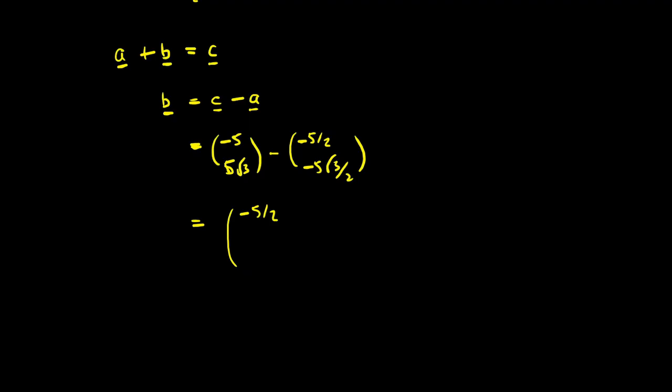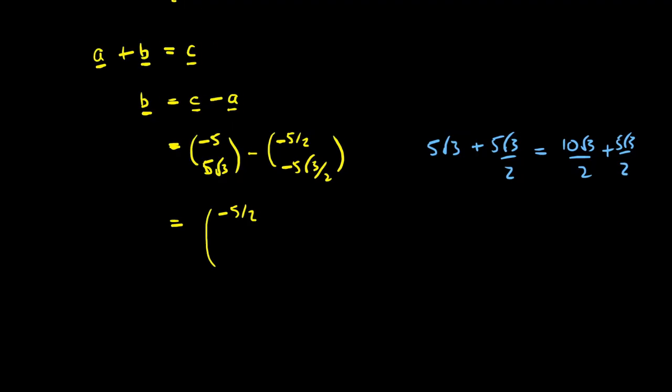Well, if we're not so sure about how to do that, we've got 5 root 3 plus 5 root 3 upon 2. We can convert this fraction to be 10 root 3 upon 2 plus 5 root 3 upon 2, right? So we give it the same denominator, and that therefore is going to be equal to 15 root 3 upon 2.